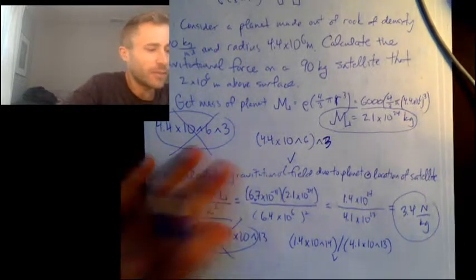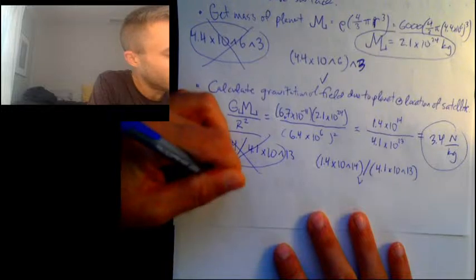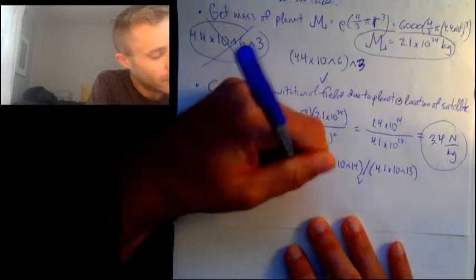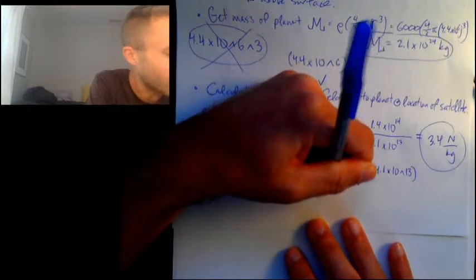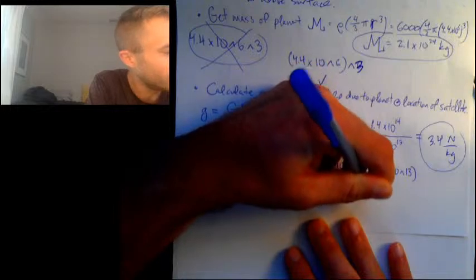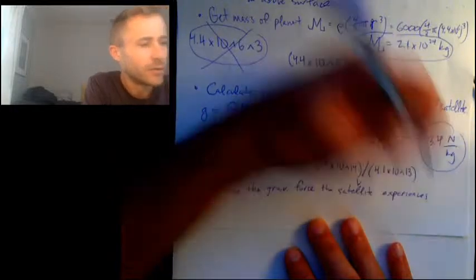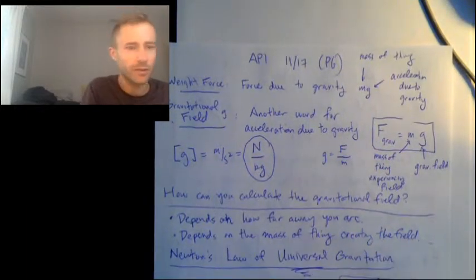So then our last step is to calculate the gravitational force. So gravitational force and gravitational field are two different things. Calculate the gravitational force the satellite experiences. So the formula for gravitational force is mass of the thing times gravitational field the thing experiences.